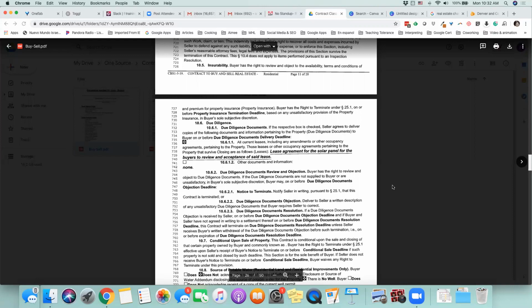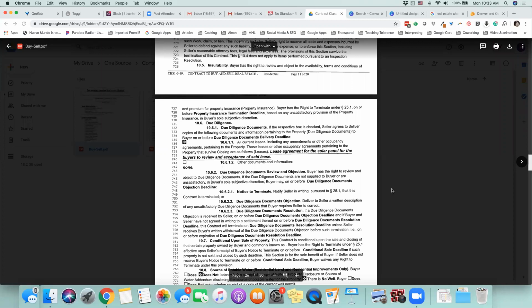Number 10.6 is due diligence. This does not have to be filled out unless there is a leased item or a basement that's filled out. You want to know about permits or things of that nature. Please, under no circumstances do you put, "I want all of the warranties for the appliances." That does not go in here. That goes into additional provisions.